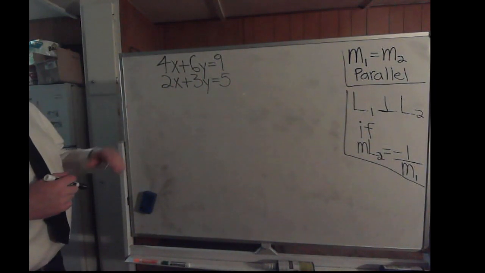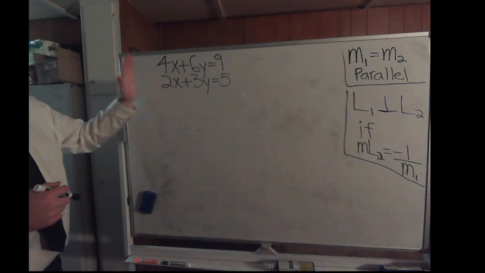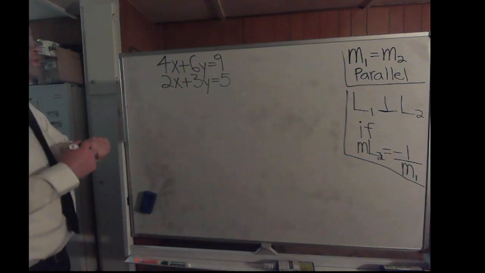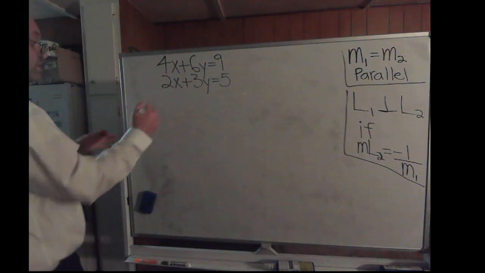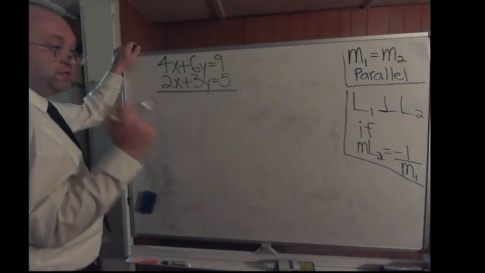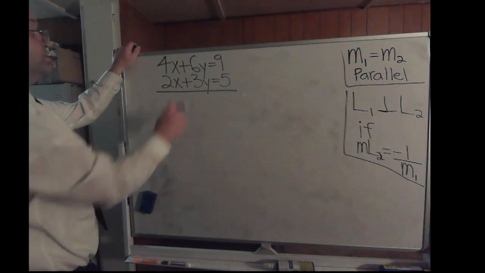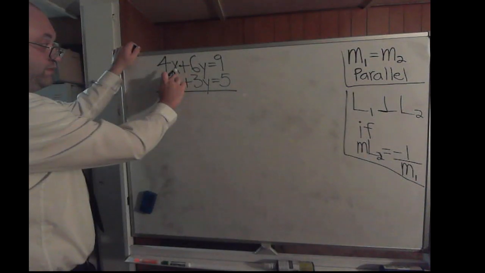First thing you want to do, since both of these equations are in standard form, we want to convert to slope-intercept form. So first things first, we want to get, in both equations, the y terms by themselves on the left-hand side. So focus on the first equation here first.